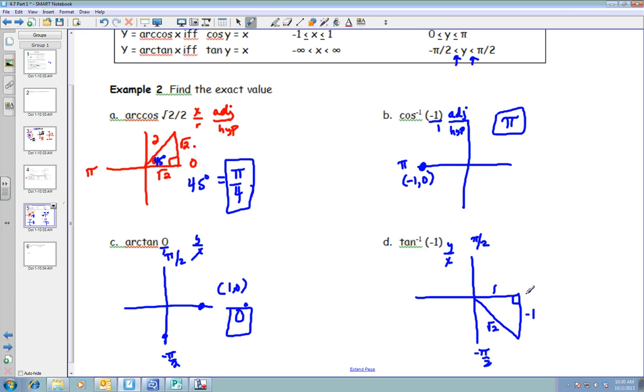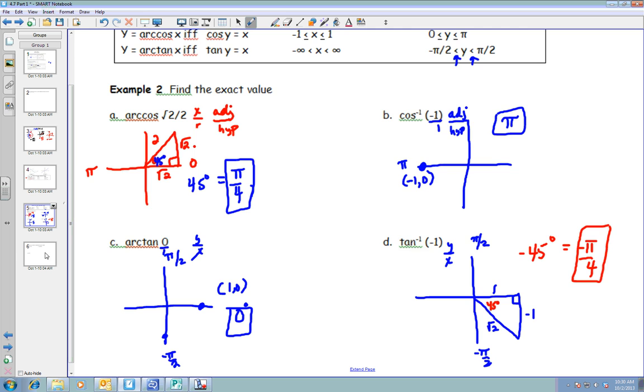So this must be a 45-45. So this angle right here is 45 degrees. Now here's the deal. I have to figure out a way to name this angle that names it between negative pi over 2 and positive pi over 2. This angle would be negative 45 degrees, or in radians, negative pi over 4.